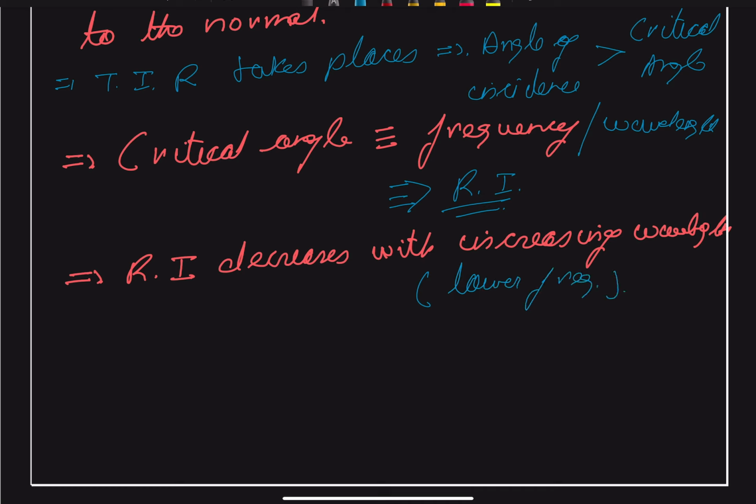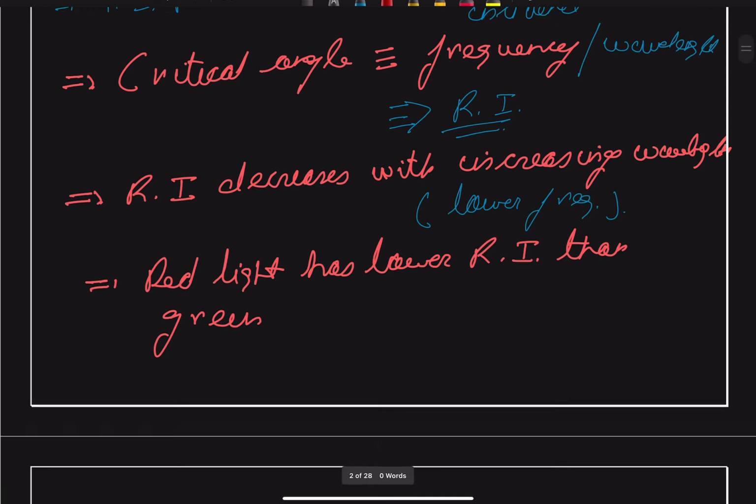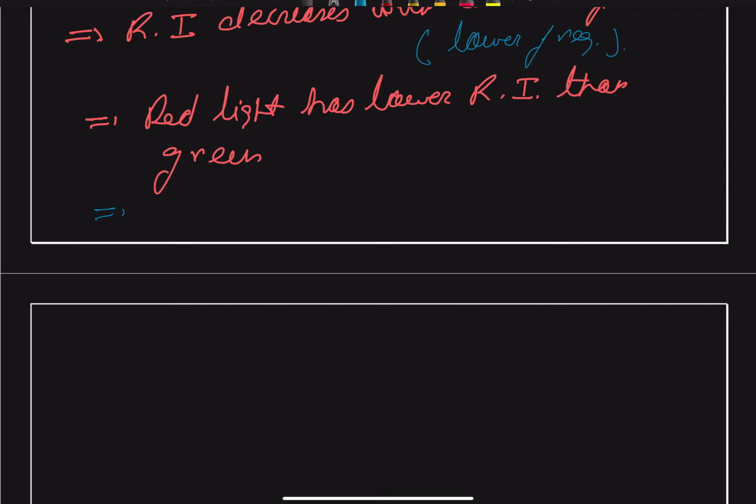Because of this we can say that red light has lower refractive index than green, and the blue and violet light has higher refractive index. Okay.